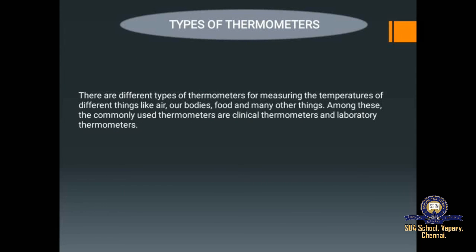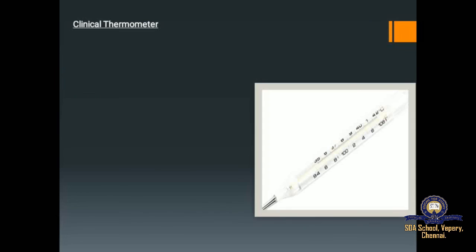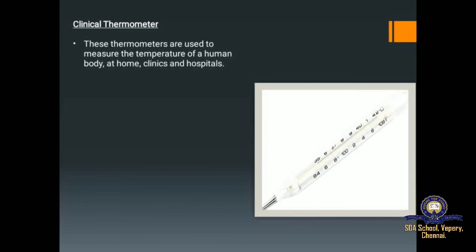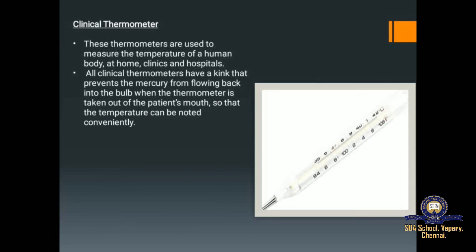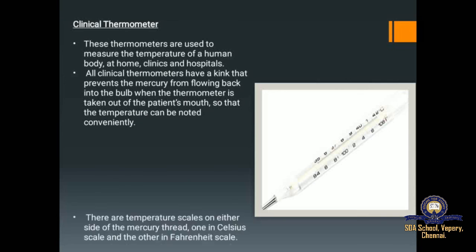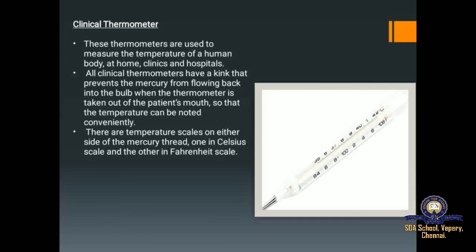And we saw the types of thermometers. The commonly used thermometers are clinical thermometers and laboratory thermometers. Clinical thermometers are used in clinics, hospitals and home to measure the human body temperature. In clinical thermometer we have mercury and a kink present to prevent the flow back of mercury into the bulb when the thermometer is taken out of the patient's mouth.